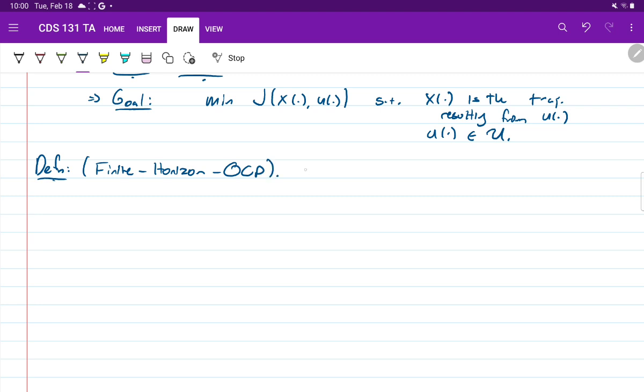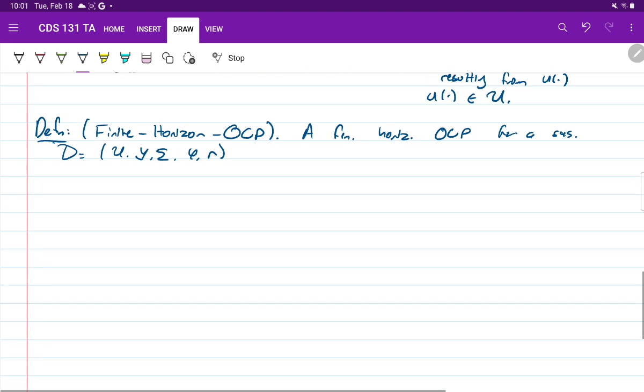Okay. So we say that a finite horizon optimal control problem for a system D equals (U, Y, Sigma, phi, r), which is just one of our abstract dynamical systems on a time set T, is specified by the following information.